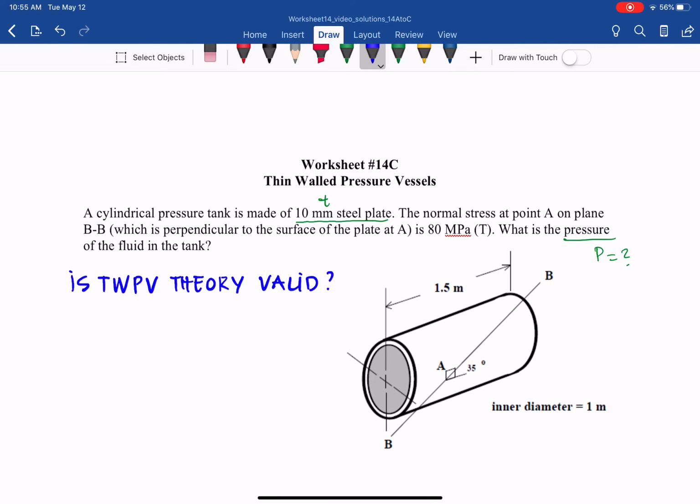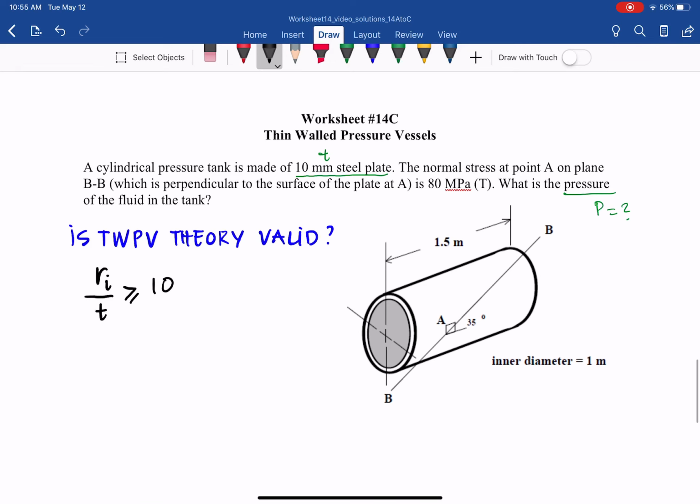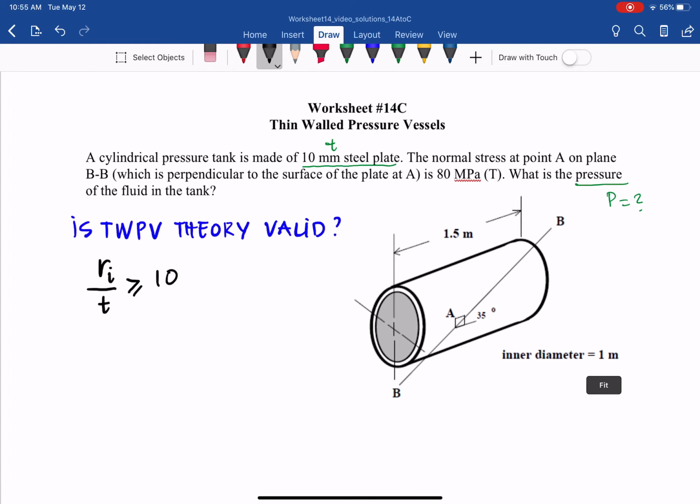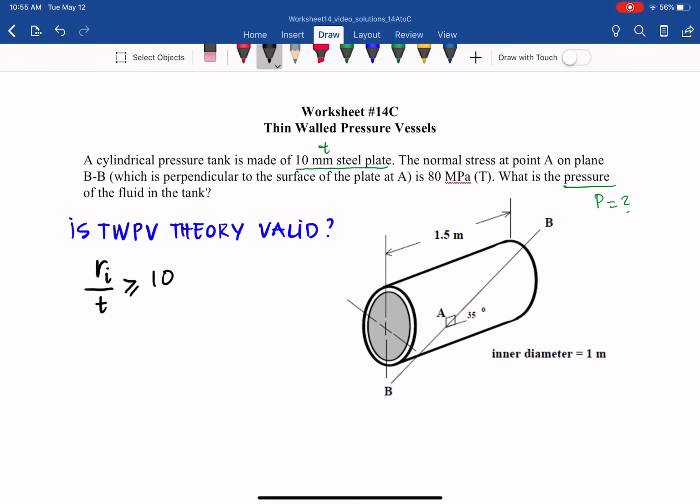To make it valid, we already know that Ri over T has to be greater than 10, right? So Ri in this case, as you can see, the inner diameter is 1 meter, so Ri equals 1 meter divided by 2, so it will be 0.5 meter, or Ri equal to 500 millimeter.